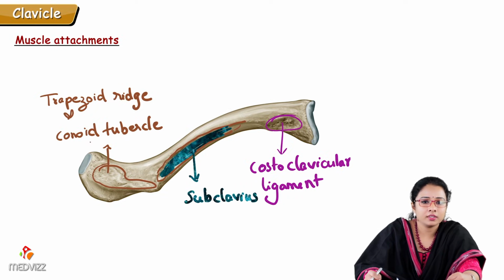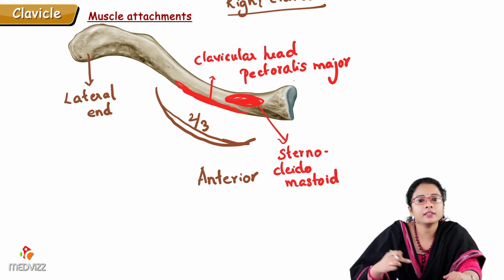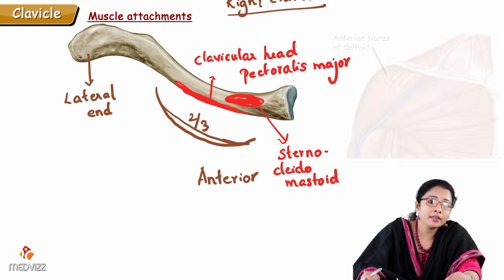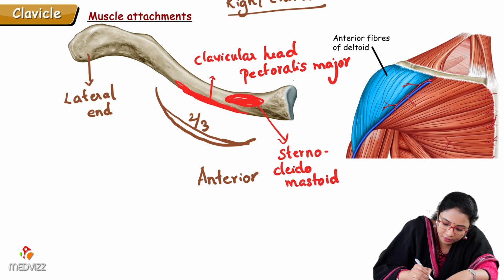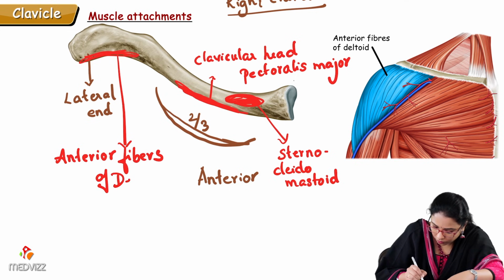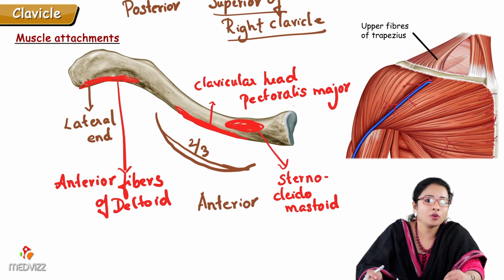And lateral 1/3. Lateral 1/3, first we will see on the superior aspect. Lateral 1/3 anterior border gives attachment to the anterior fibers of deltoid. So it provides origin to the anterior fibers of deltoid. And the posterior border of lateral 1/3 and also the superior surface provides attachment to the upper fibers of trapezius.